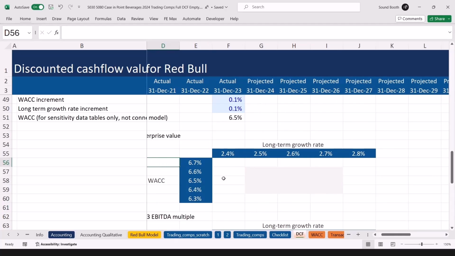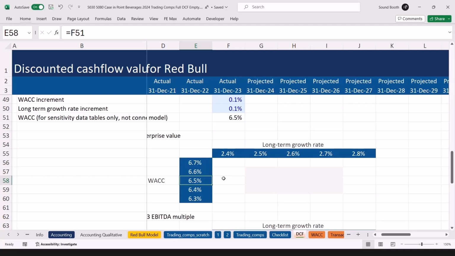So in the data table, we've got a range here of WACC, and we've got a range of our long-term growth rate. One thing you want to be careful about is that you don't want to connect these midpoints of the data table to your actual assumptions in the model. There is a workaround to that.